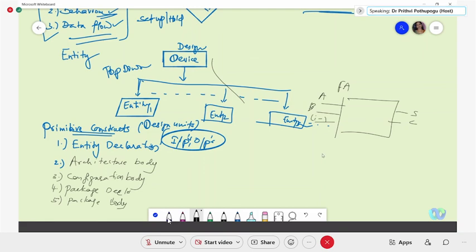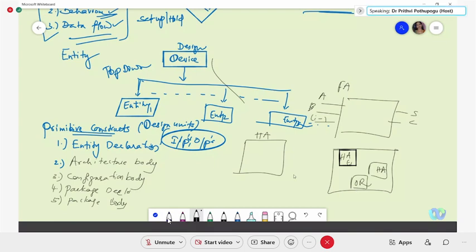If I can't handle this as a full design, maybe we design it using half adders. So the half adders become the sub-segments now. And if you take the half adder as an entity, this is entity 1, and you have an OR gate also inside.